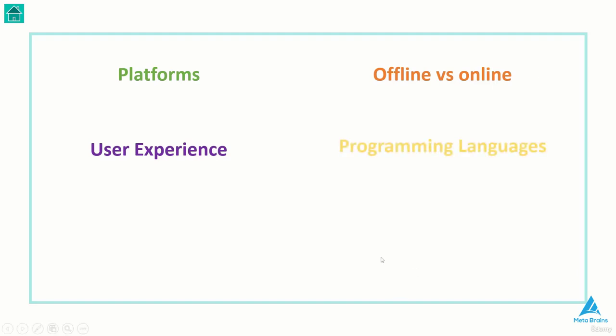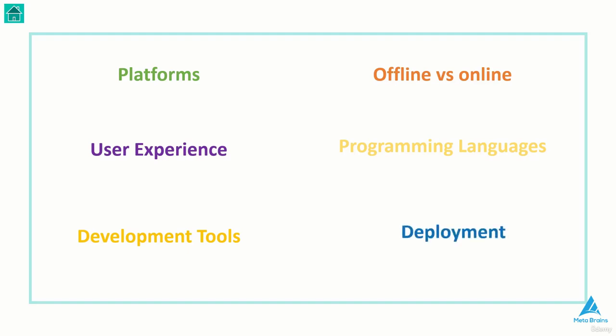Next, programming languages. App development requires different programming languages such as Java, Swift, and Kotlin, while web development requires languages such as HTML, CSS, and JavaScript. Next, development tools. App development requires specific development tools such as Xcode for iOS app development, while web development uses tools such as Visual Studio Code, Sublime Text, or Atom.